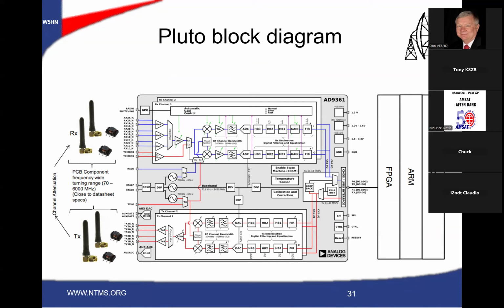There's a lot of theory that we're going to get into, and this block diagram just kind of gives you a general idea that the receive is on the left side, the upper left, and then the flow would go left to right. And then on the transmitter, the Pluto can transmit, so that flow would go right to left.